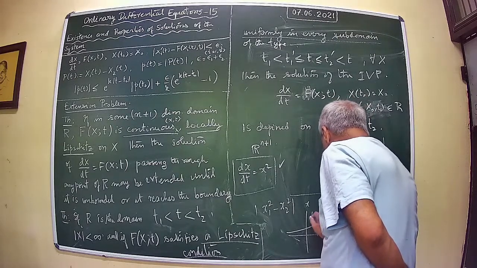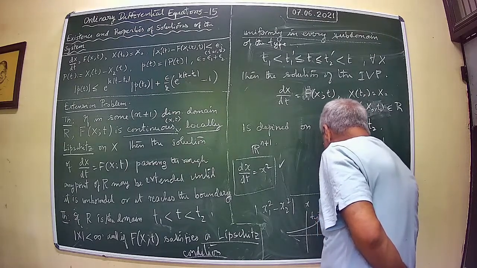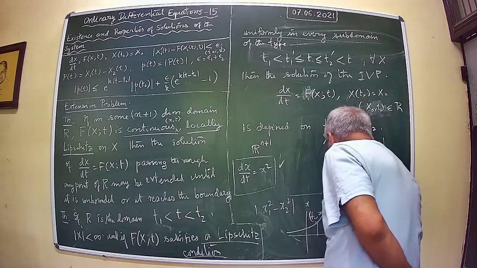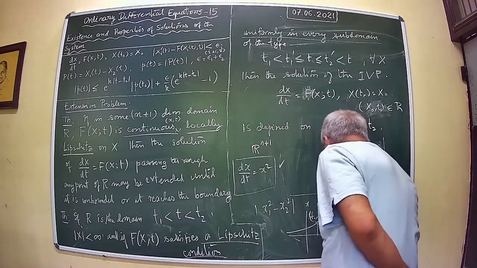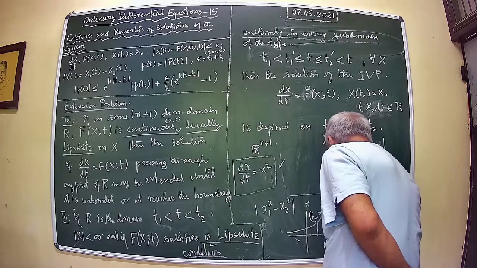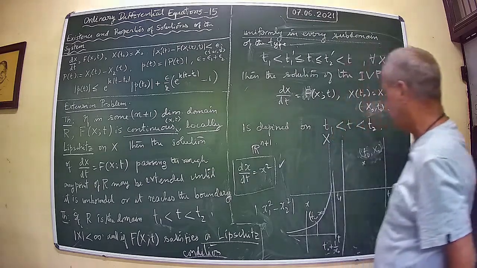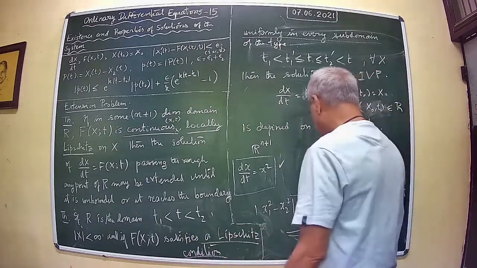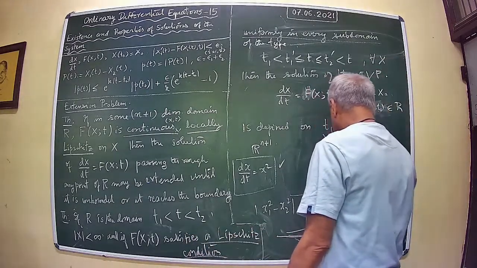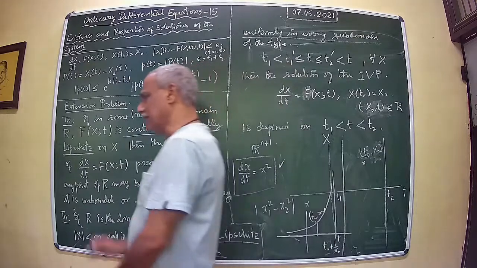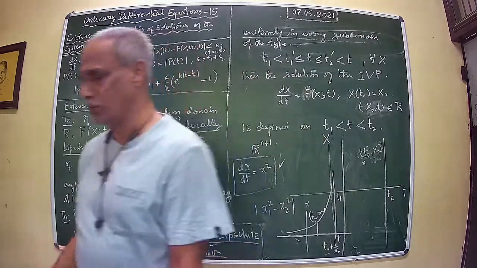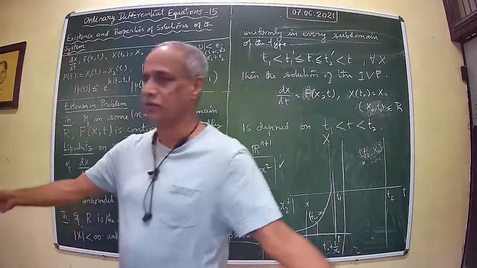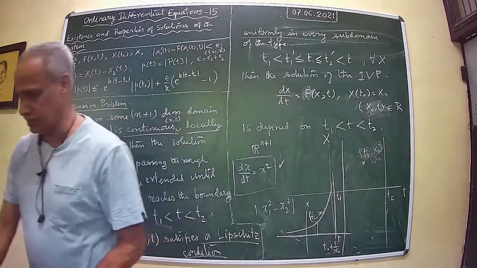At t naught, x naught, this point is t naught plus 1 by x naught. This is the estimate of the extent to which it can be defined. It is not defined on the whole interval except one solution, that is the identically zero solution. Everything else has some interval on which it is defined. It is not defined on minus infinity to plus infinity.